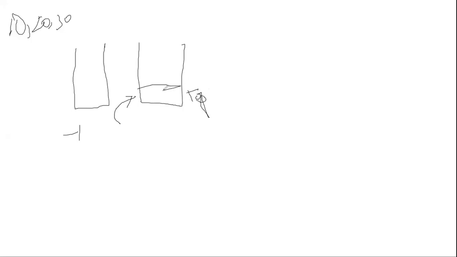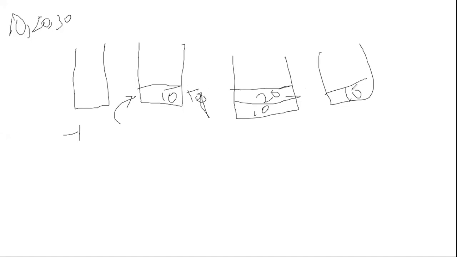If you want to insert 10, 20, 30, immediately top will be incremented, and 10 will be inserted here. Again top will be incremented, and 20 is inserted. Again top is incremented, and 30. So we have 10, 20, 30. We can go like this.